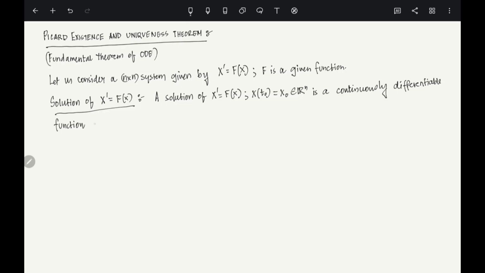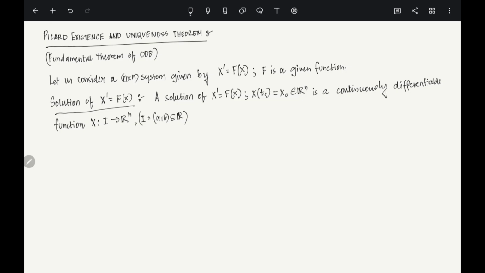This is a function x from I to Rn, where I is some interval, a subset of R.